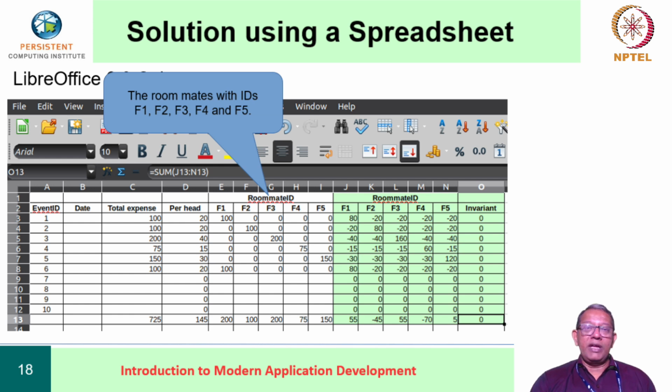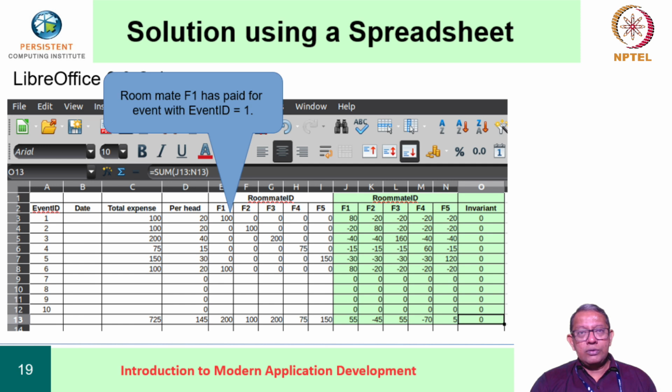In practice, these could be some real names: Ramesh, Sudha, Nikhil, whosoever they may be. We have also illustrated that roommate F1 has paid some amount for the event with event ID 1.